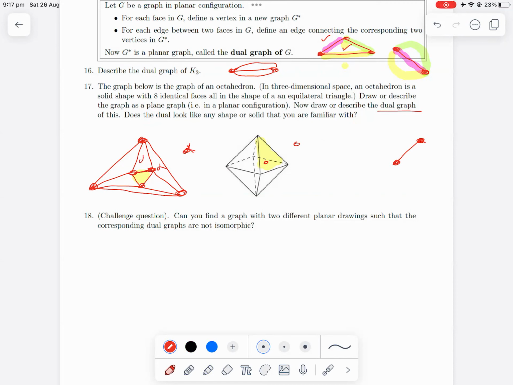So this one has a face with this, so this one and with this one. Okay. And there should be something here as well, which is with this one and with this one.